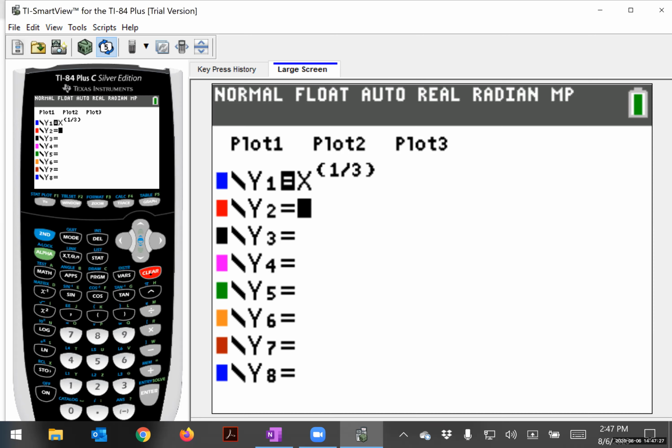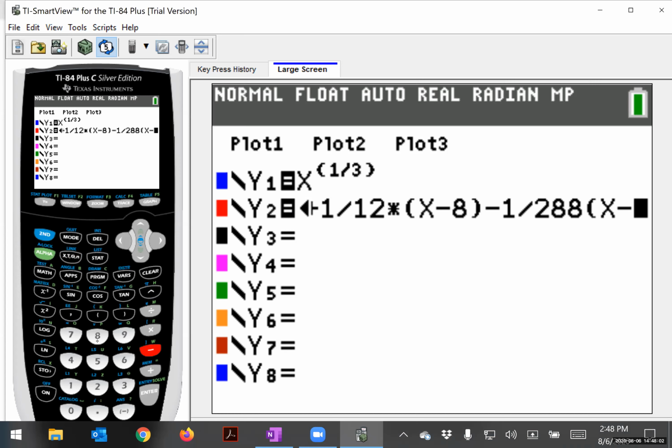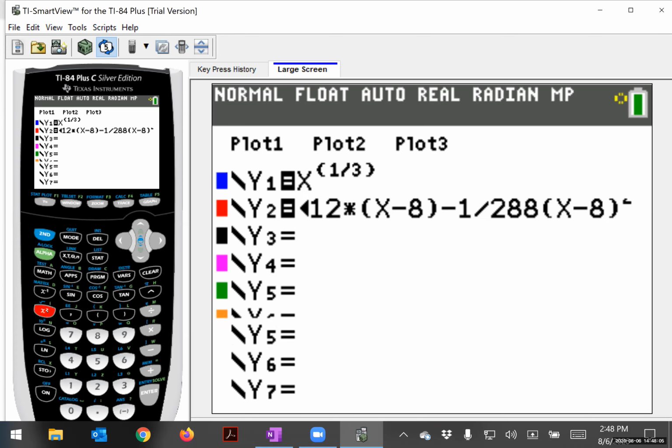Okay, and I want my new polynomial, which is going to be 2 plus 1/12 times x minus 8, minus 1 over 288 times x minus 8 quantity squared.